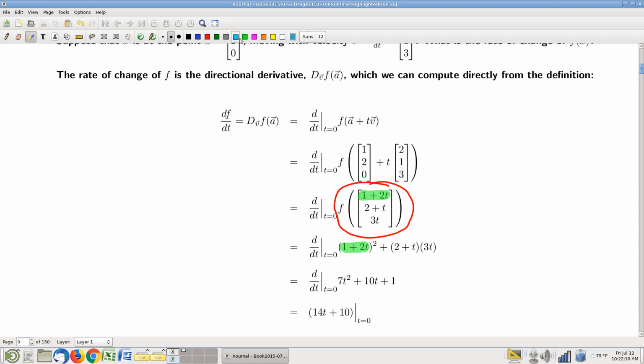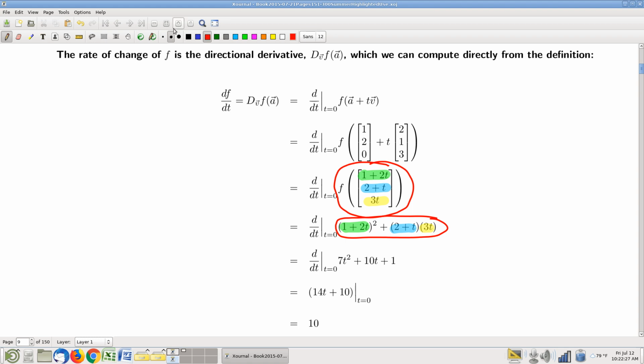There it is. So all I did there is plug into that function f, which is x squared plus yz. Everybody happy? Okay.